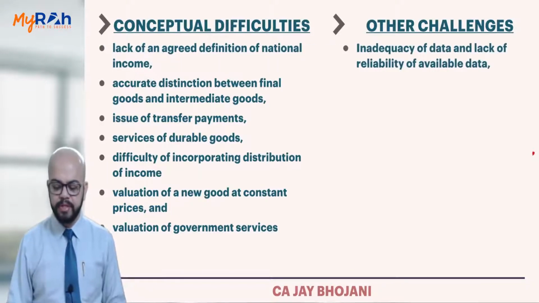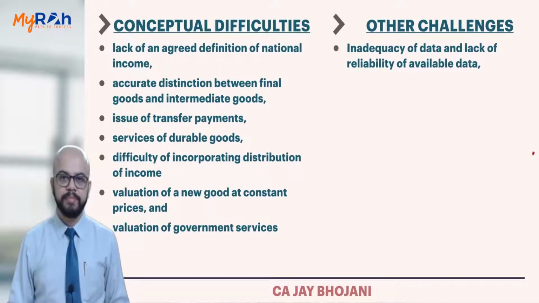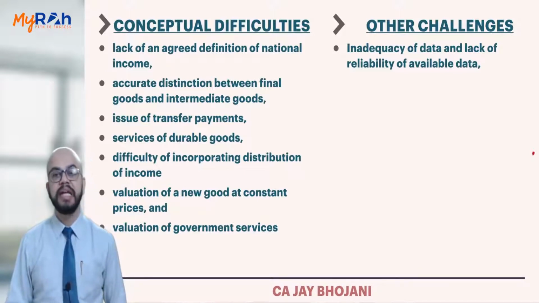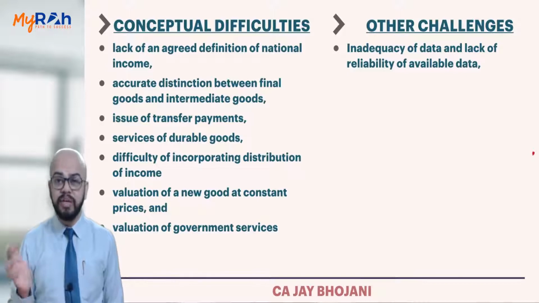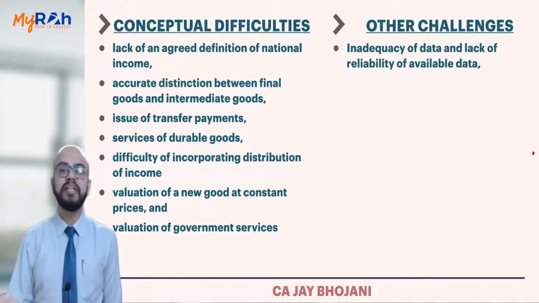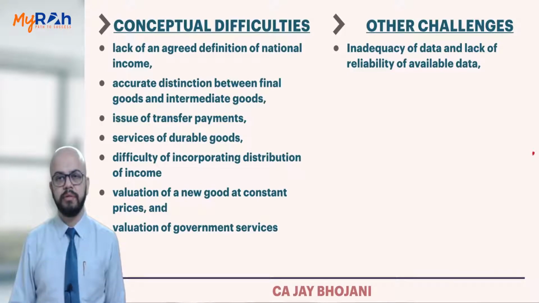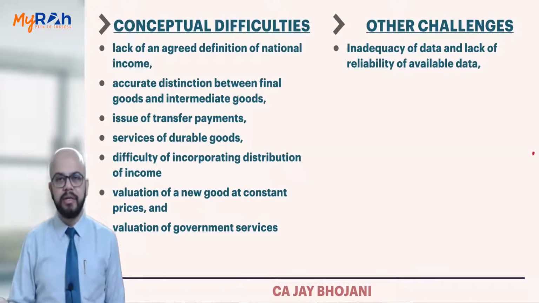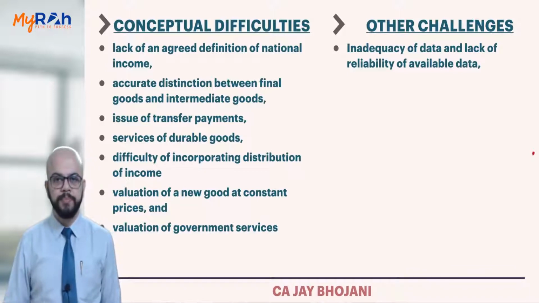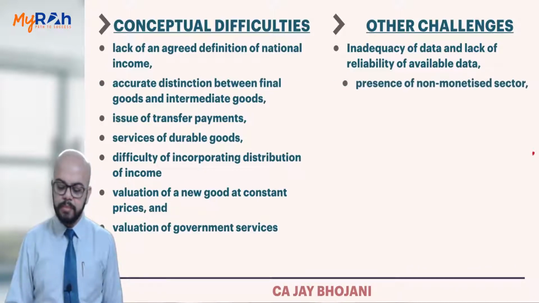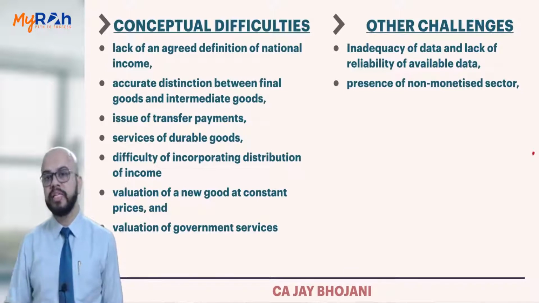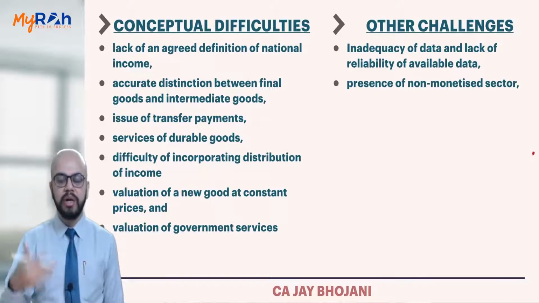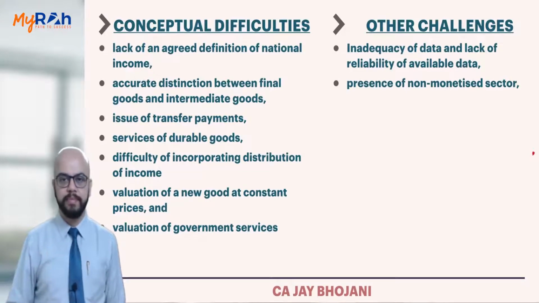See, first, inadequacy of data and lack of reliability of available data. So either the data is not available itself, or even if it is available, its reliability is a question mark. So based on this inadequate data or unreliable data, it is difficult to calculate accurate national income. Then there is presence of non-monetized sector. Non-monetized sector is the sector where transactions are not undertaken through monetary exchanges.